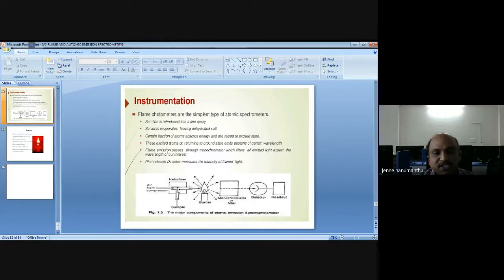Once we have the spray, it is applied to the burner. The burner gives some external energy to the sample, so that the molecules in the sample are excited from low energy states to high energy states. Then the high energy states come down by releasing some photons. They are collected through a monochromator.